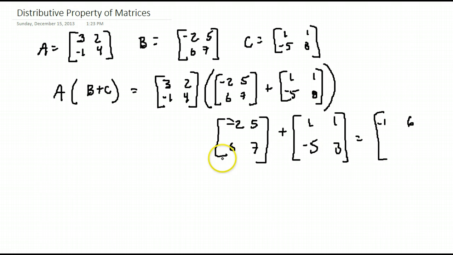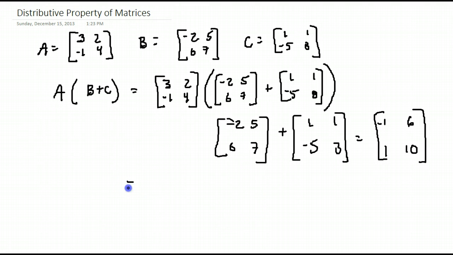And then the second row, the first element is 6 plus -5, which gives us a 1. And the second element of the second row is 7 plus 3, or 10. Okay, so now we have first row -1 and 6, second row 1 and 10.